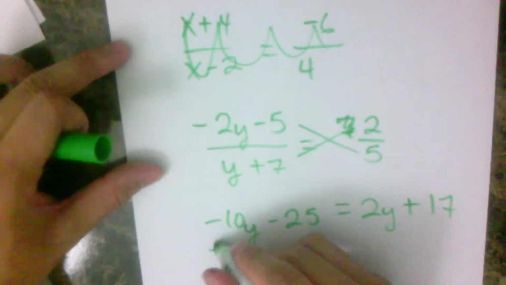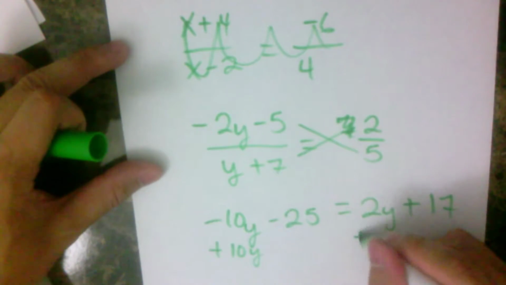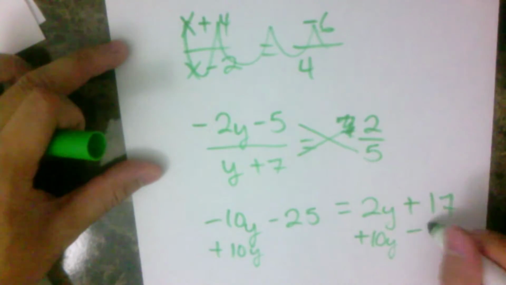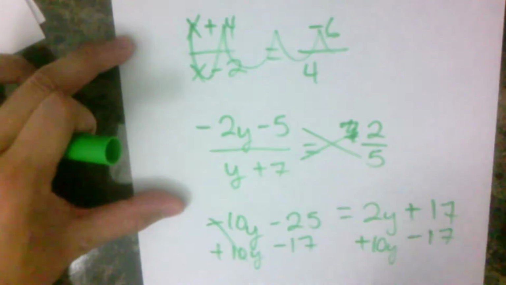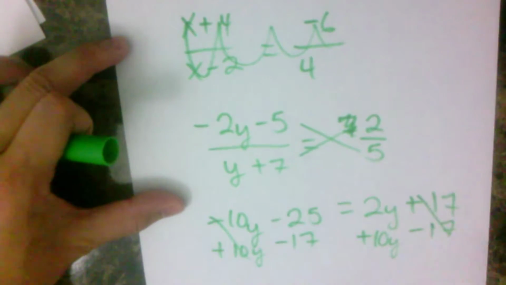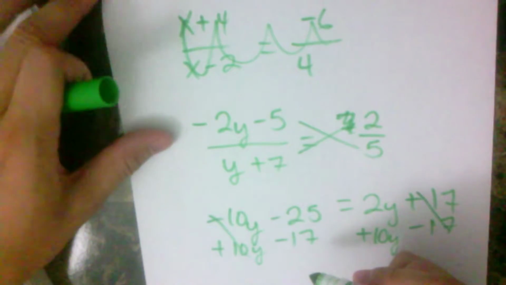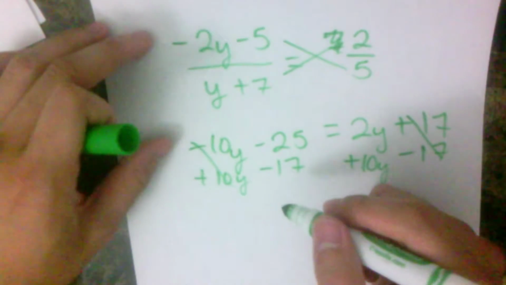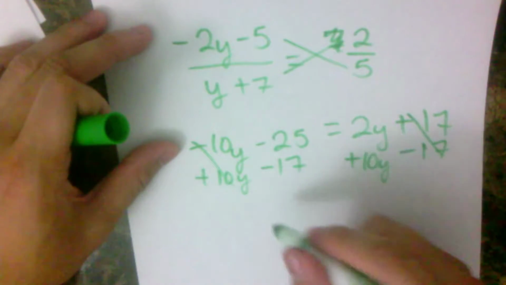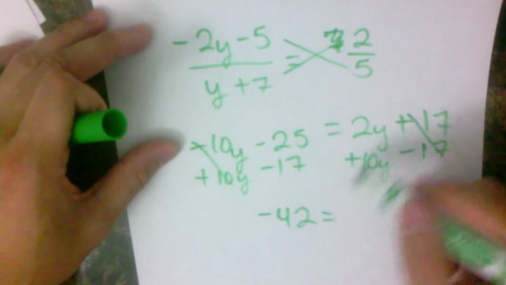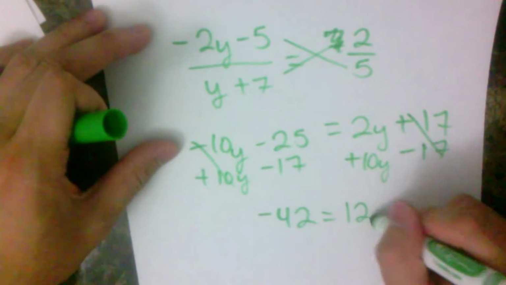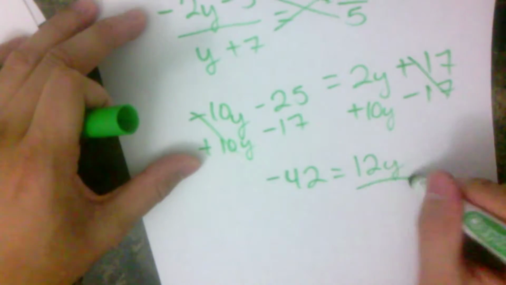I'm going to go ahead and add 10y here, and I'm going to subtract 17. These will cancel out. Negative 25 minus 17 is going to give you a negative 42. Bring down your equal sign, and then 2y plus 10y is 12y. From here, go ahead and divide by 12.